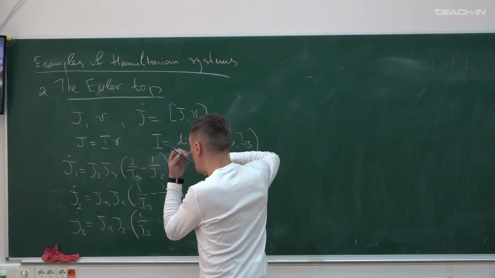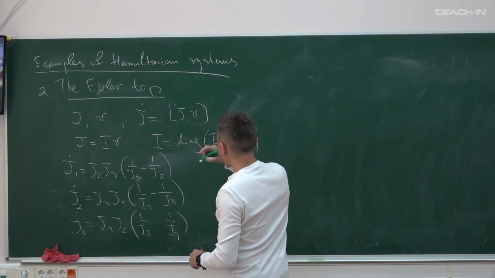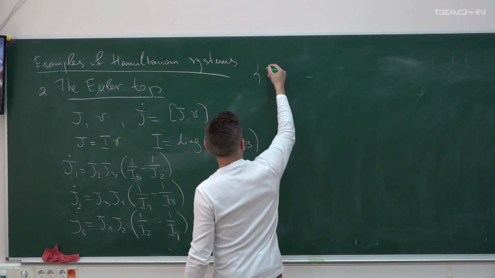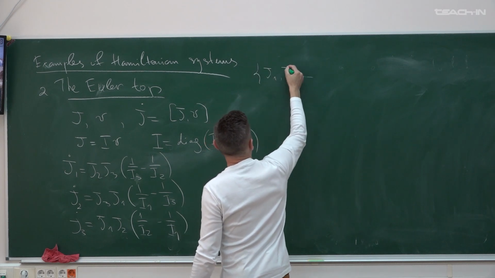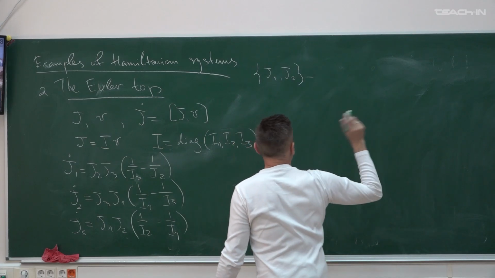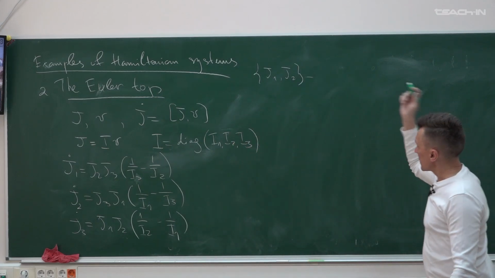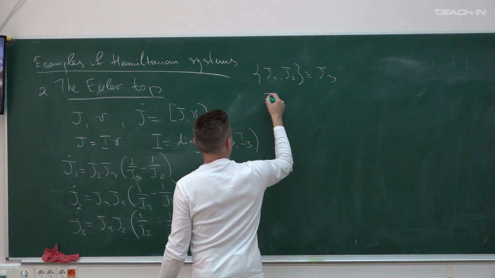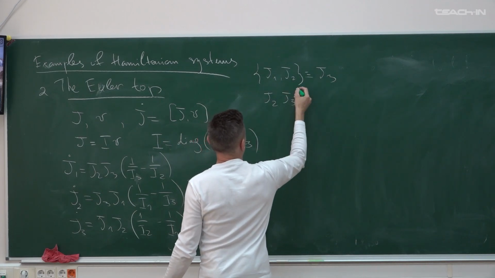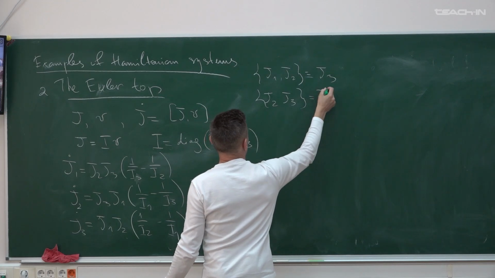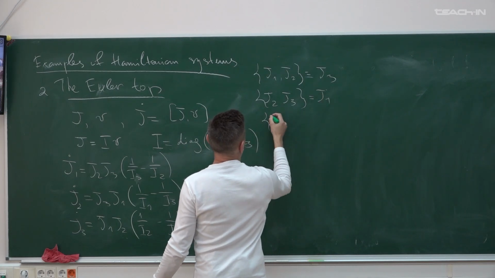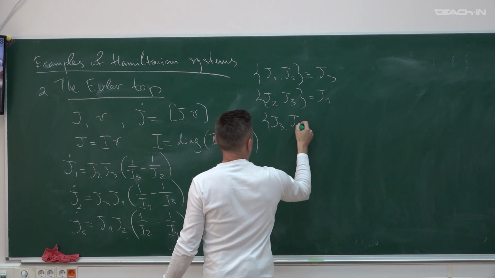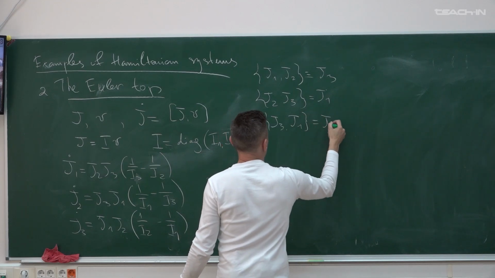We have here the same Poisson bracket as for the angular momentum in the Kepler problem: J2, J3 is equal to J1, and J3, J1 is equal to J2.